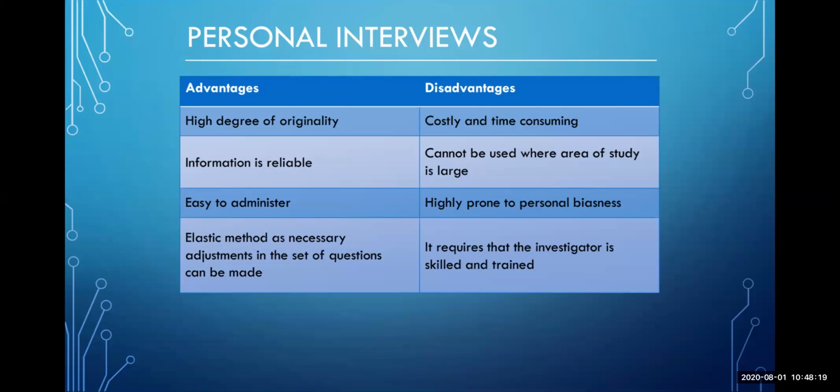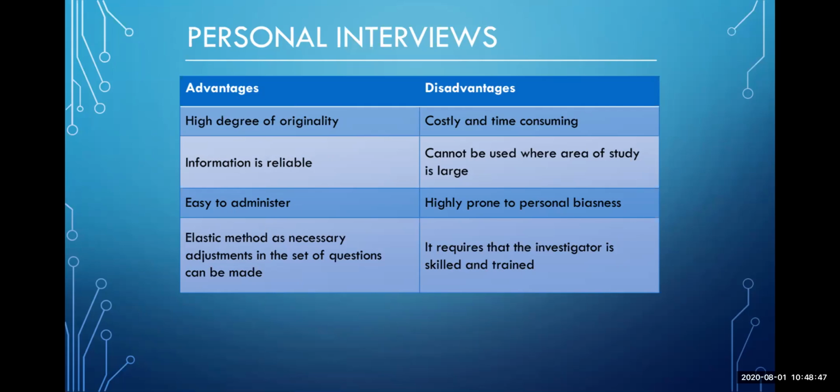Let's say, for example, I'm taking a direct personal interview of a respondent, and I feel that this respondent is very rigid and is not answering. Then I can make changes in my questions. There is flexibility in the personal interview: by knowing the respondent, by knowing the kind of behavior or attitude, I can change my questions.